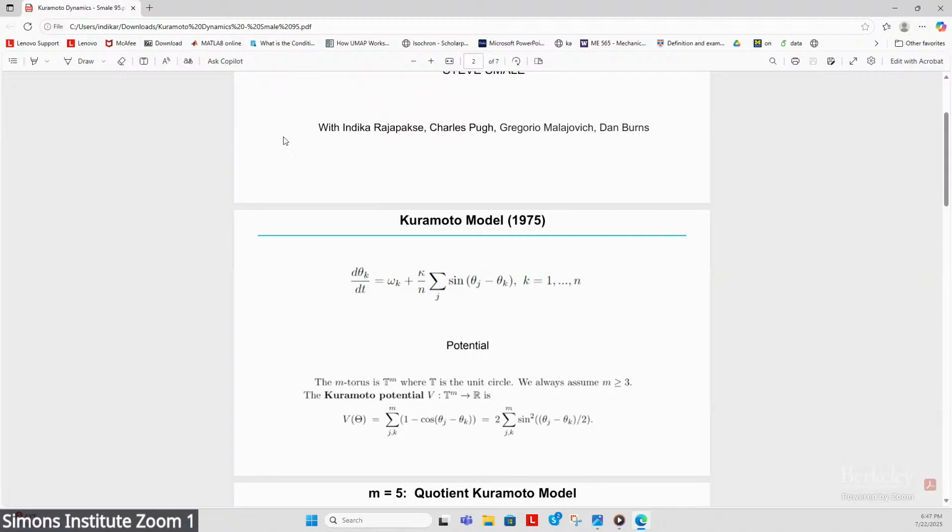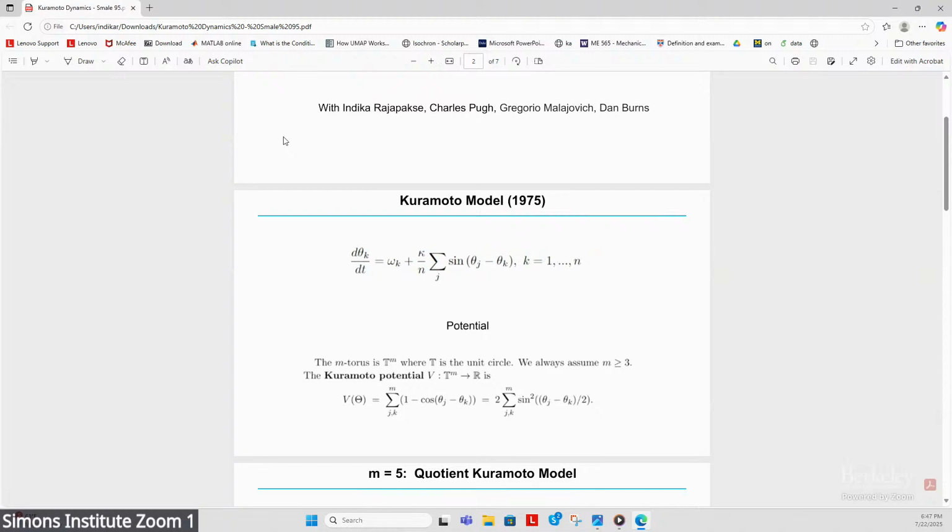So this is the general equation. If you look at this carefully, you'll see it's invariant under a circle action of a rotation of all the thetas. So it defines something, first of all, on the torus in this picture, an n-dimensional torus. There are n variables. And if you take into account the circle invariance, you will get a quotient of dimension n minus 1.